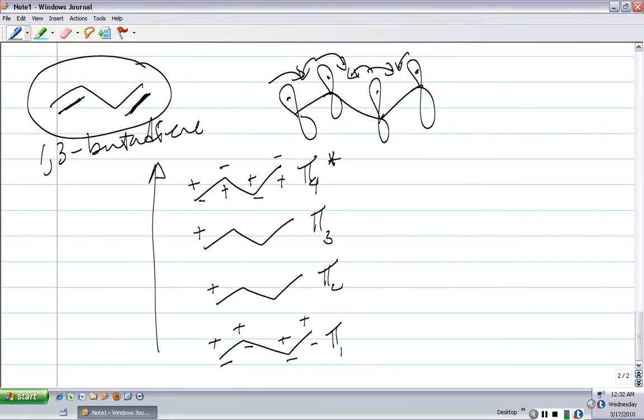And I know I've got 4 bonding electrons because, look, I have 2 pi bonds. So I can say pi 1 and pi 2 are bonding, which means pi 3 star and pi 4 star are anti-bonding, because the number of bondings must equal the number of anti-bondings. Okay, so I have indicated the character of my orbitals. What about the phases?